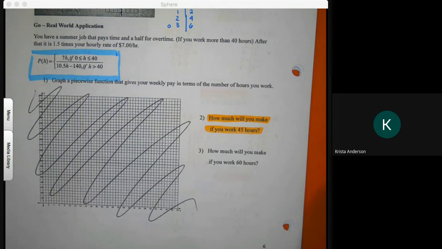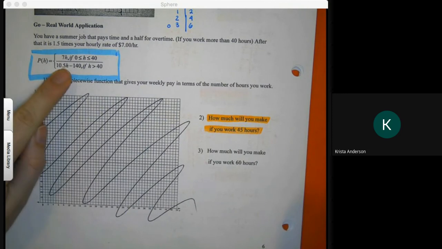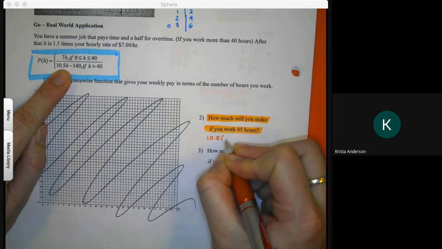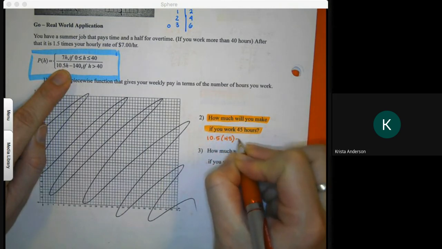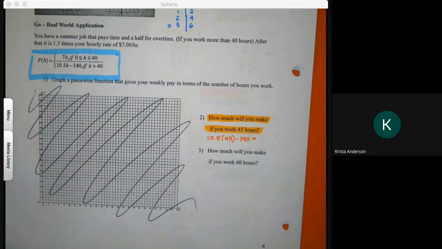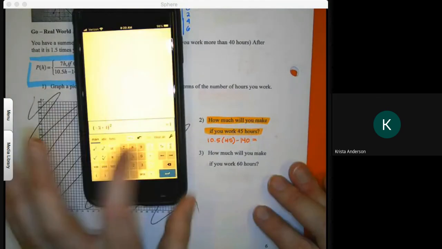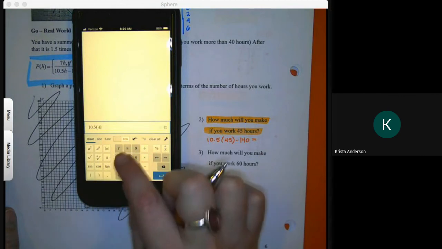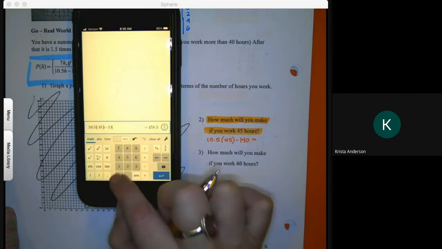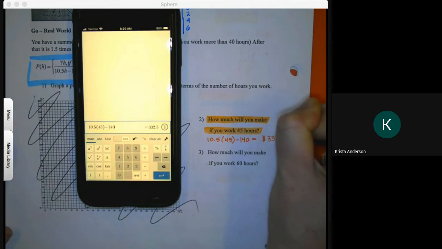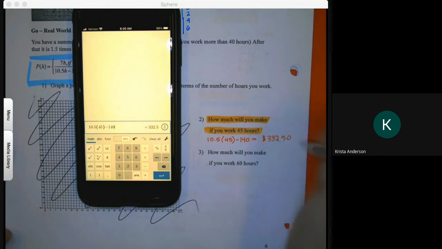So the overtime question. Let's see how much we would make if we worked 45 hours in 1 week. So 10.5 times 45 minus the 140, we would get $332.50 for our paycheck for that week.